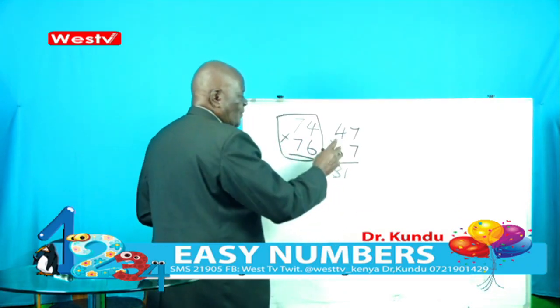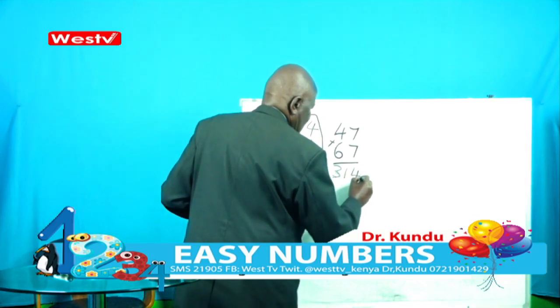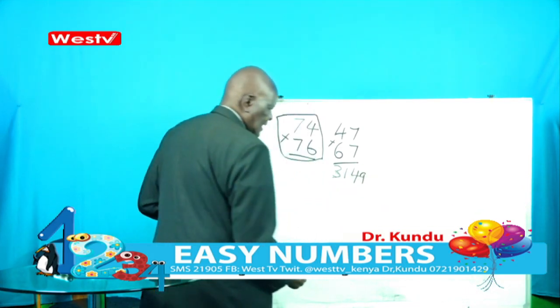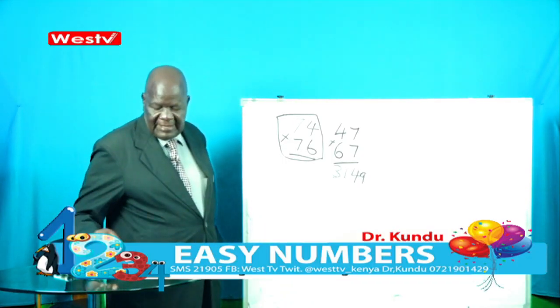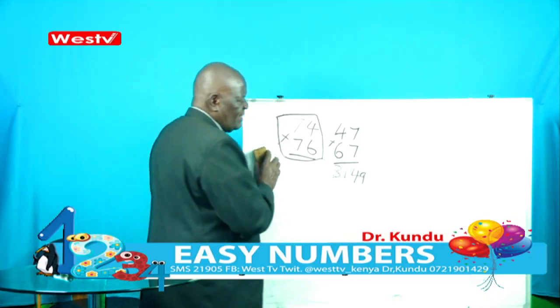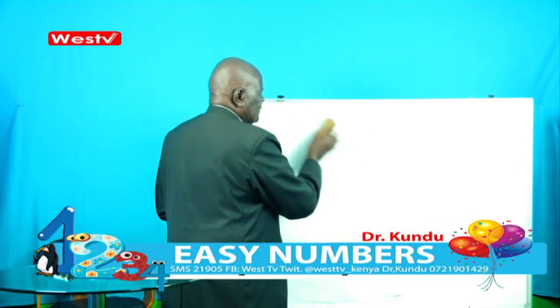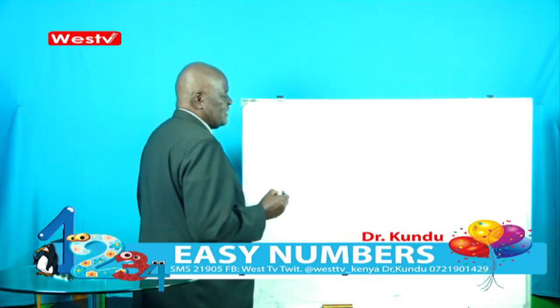And then on the right, you multiply as usual. 7 times 7 is 49. And so the answer of 47 times 67 can mentally be seen as 3149. So let's go with a little more numbers of that nature.